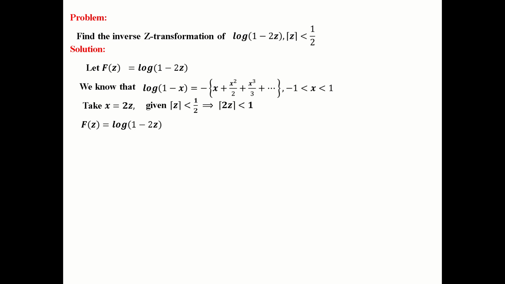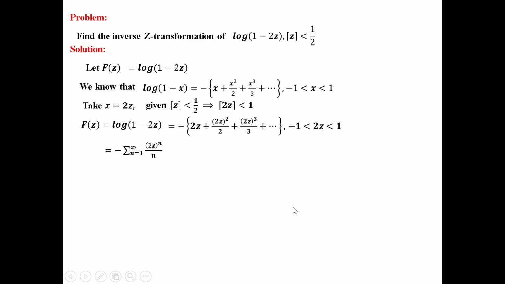Therefore 2z lies between minus 1 and plus 1, so you can use the log(1 minus x) formula. Instead of x, you replace 2z. So F of z, which is log(1 minus 2z), is equal to minus 2z plus (2z) square by 2 plus (2z) cube by 3 etc., and minus 1 less than 2z less than 1.